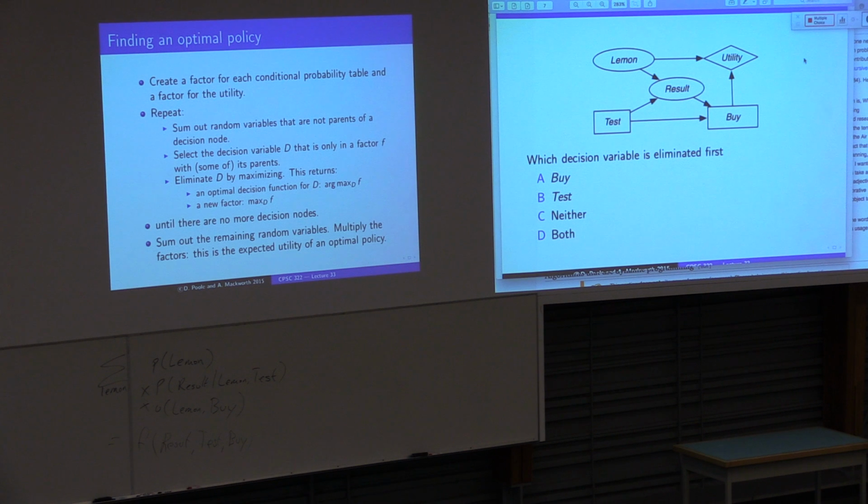We now get to which decision variable is eliminated first. So now at the second one, we've summed out the random variables, and we've got this factor. I want to know which decision variable we can eliminate next.